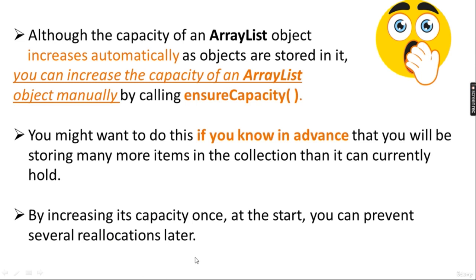Okay, so if you ensure the capacity at the start, rather than enlarging the capacity later, you will reduce the time complexity and effort. Because suppose, for example, there are 5 elements in the ArrayList initially, like hello, and you want to add 5 more, like world.